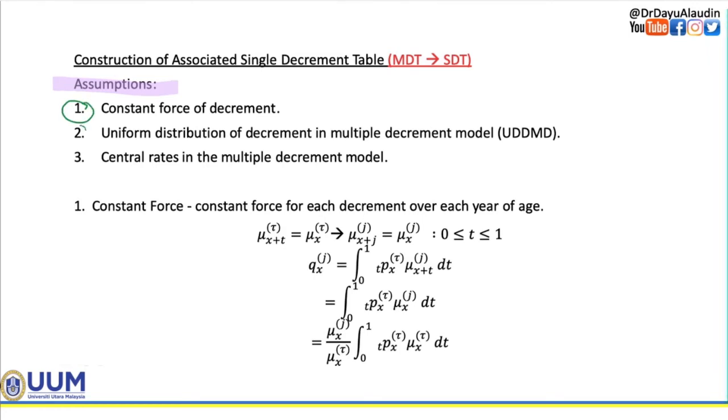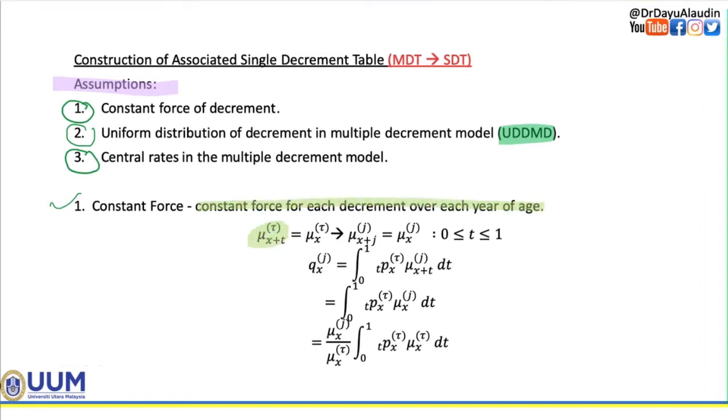Second is uniform distribution of decrement in the multiple decrement model, or we call it UDD-MD. And the third one is central rates in the multiple decrement model. So the first assumption is constant force for each decrement over each year of age.